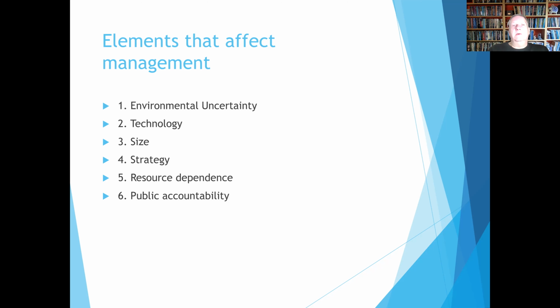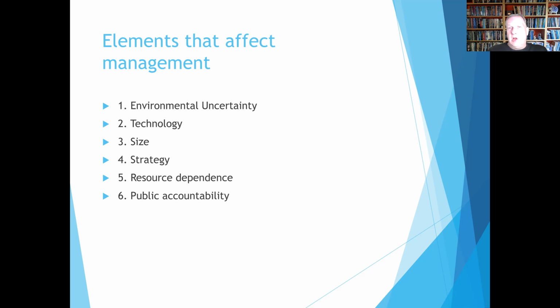Organizations and their structures and the way in which you manage organizations may be affected by a variety of different factors. Again, I've mentioned the first one, environmental uncertainty, how dynamic versus how stable your external environment is. Whenever a new administration comes into office, that introduces some uncertainty and some instability into the external environment.